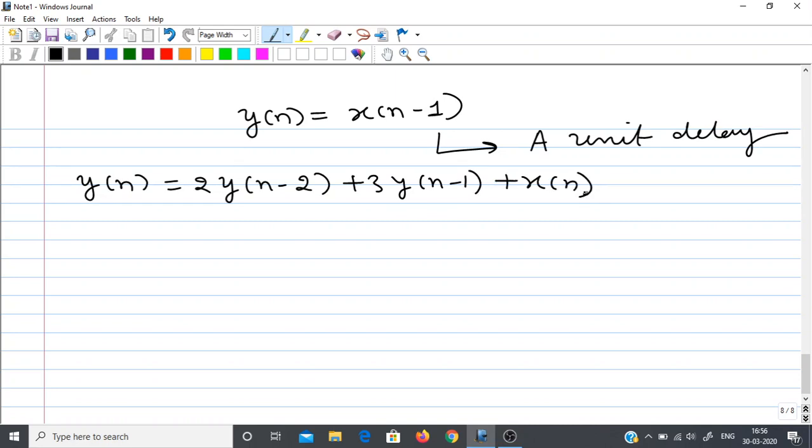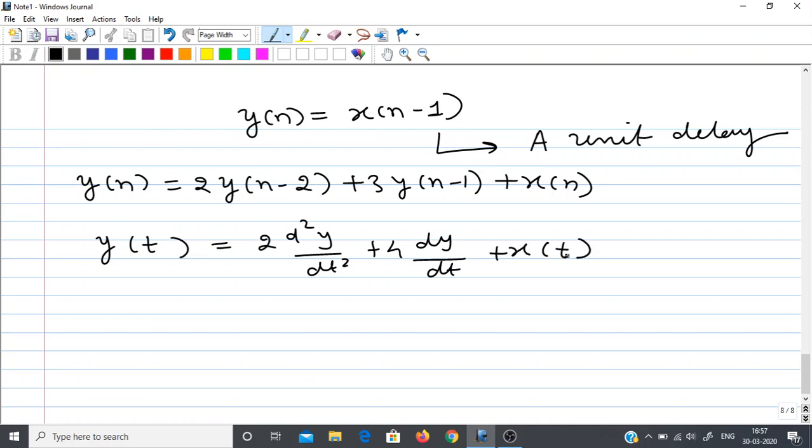Here the system has been expressed as a linear difference equation. And one more example for a continuous time system: y(t) = 2 d²y/dt² + 4 dy/dt + x(t). Here the system is expressed in terms of a differential equation. So these are the mathematical models for the system.